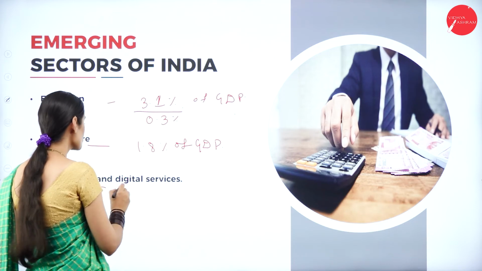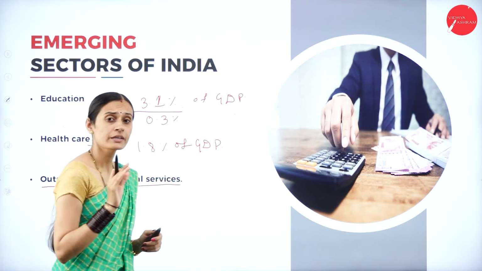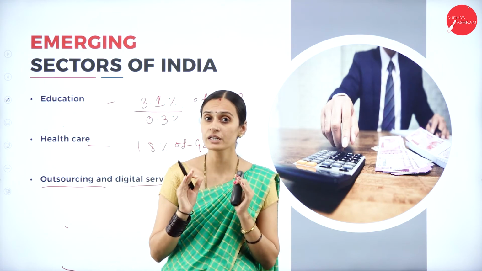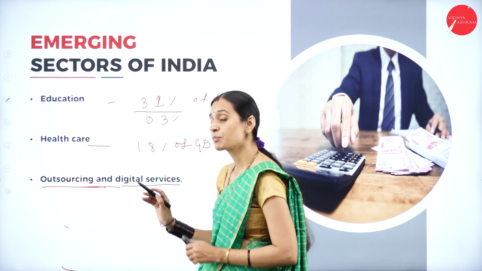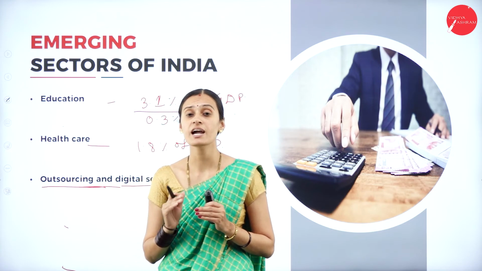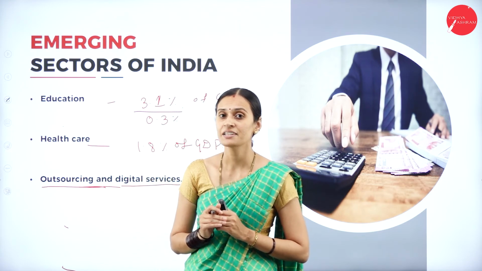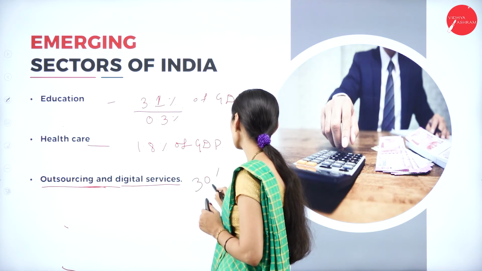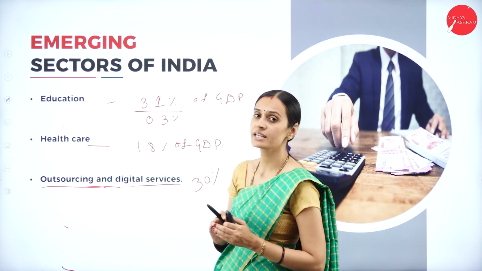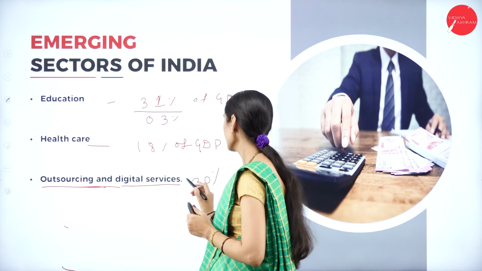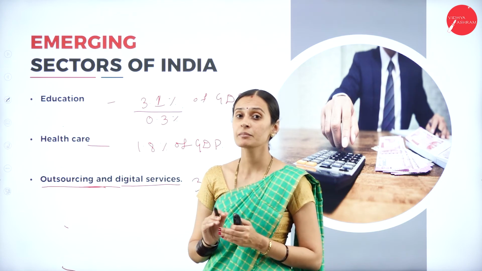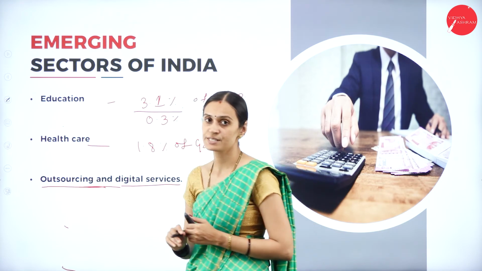And next, outsourcing and digital services. Yes, after adopting globalization, outsourcing is one of the important parts of the economic system, and it provides important IT enabled services. At present, 30% of total revenue to the GDP comes from outsourcing and digital services.